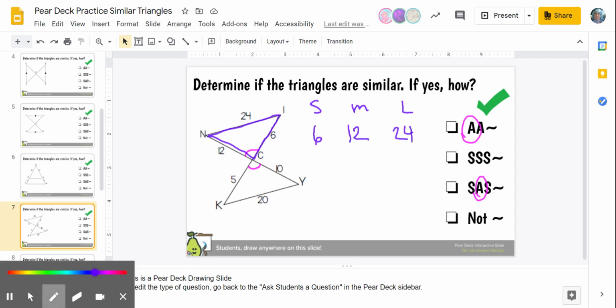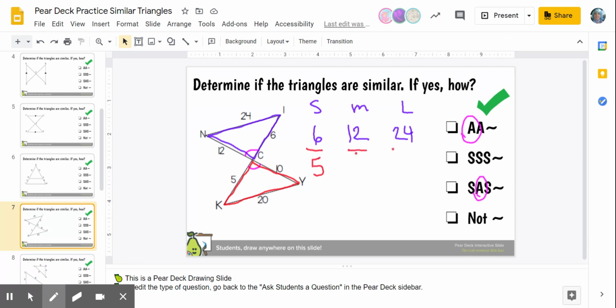So this is one way that I organize them sometimes. Let's do red. So then I go to this other triangle. And what's the small side in the red triangle? 5. And the medium? 10. And that leaves 20 for the large, right?